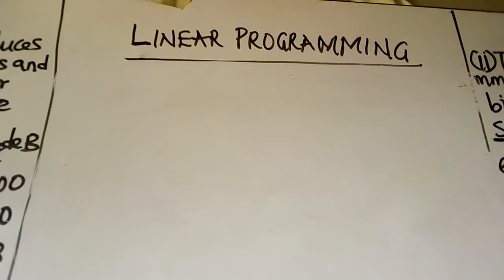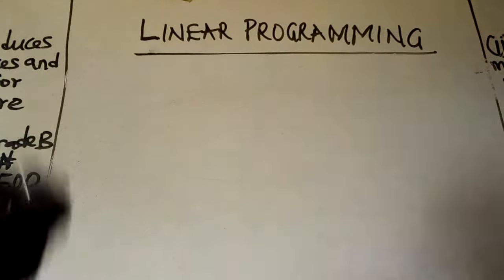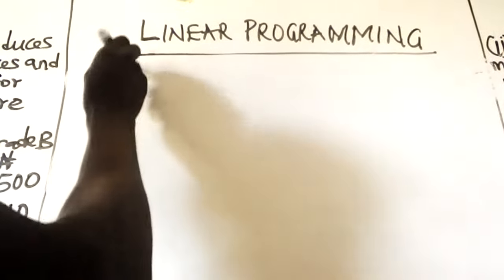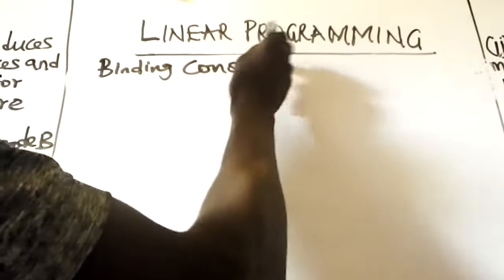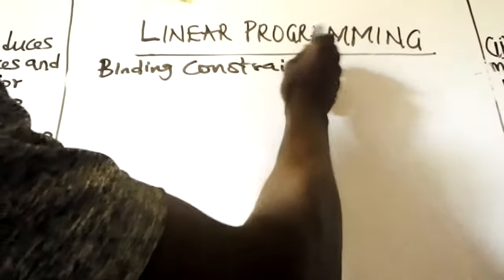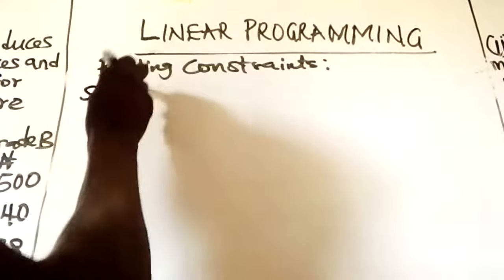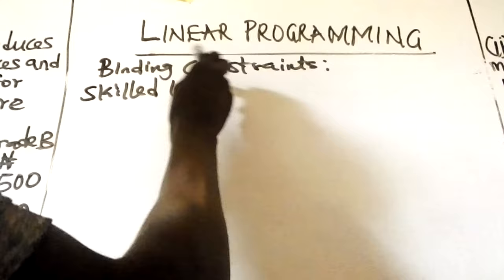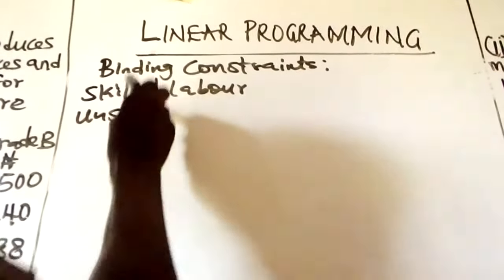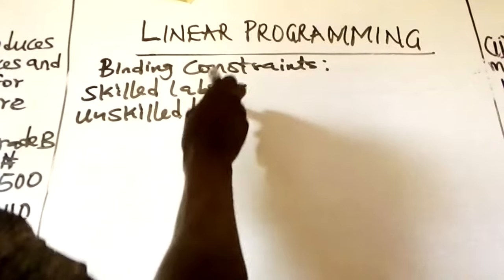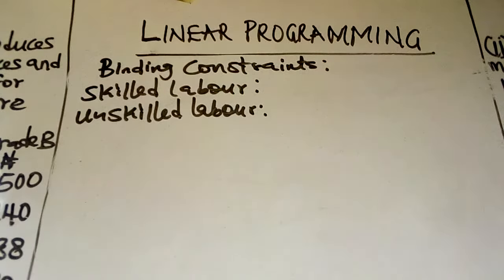So our binding constraints include skilled labor and unskilled labor. These are the two binding constraints you were given.